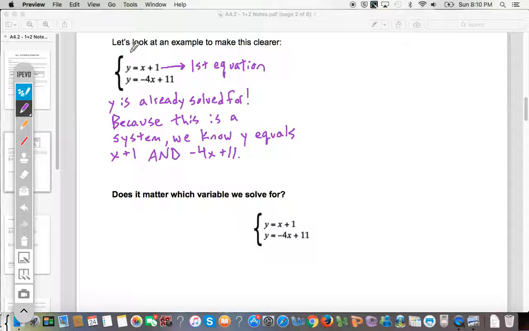Because y equals x plus 1 up here, and y equals negative 4x plus 11 down here, y equals this, and y equals that.